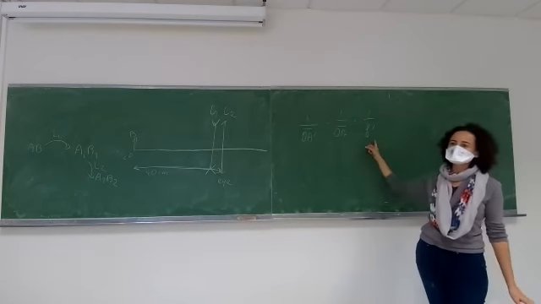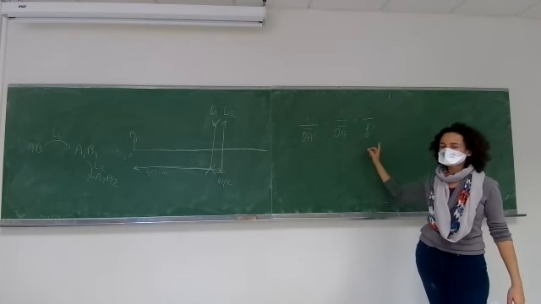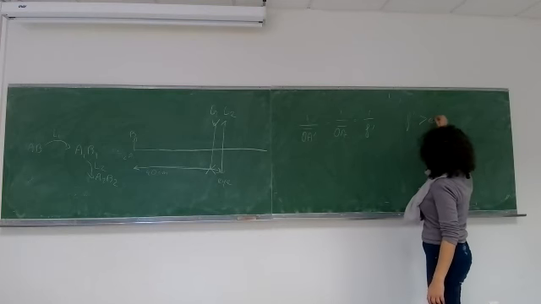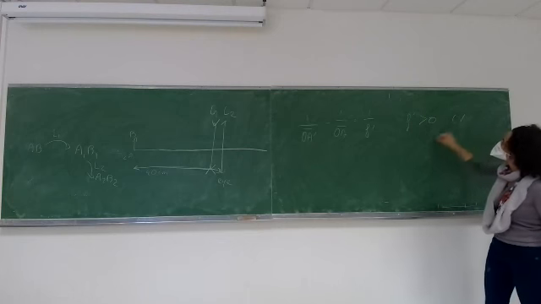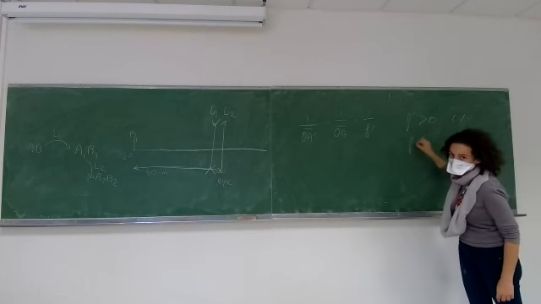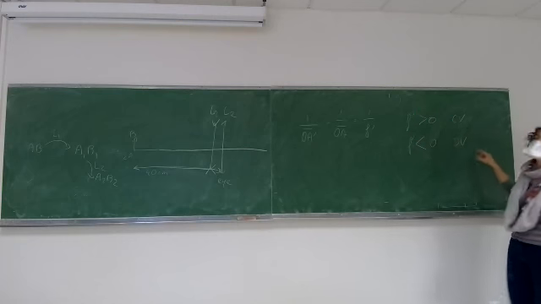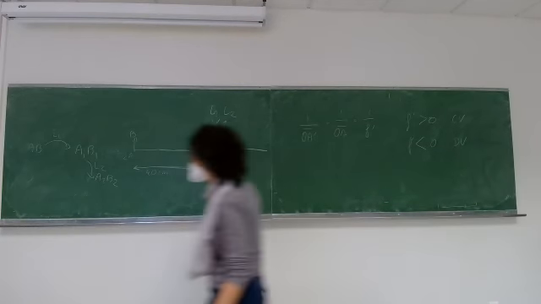Okay, this is a unique formula for a lens. The difference between a convergent and divergent one is that f prime is positive for a convergent lens, f prime negative for a divergent lens. Okay, go for it.